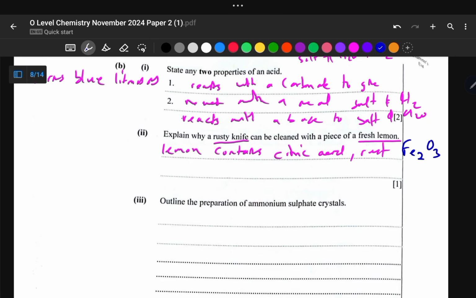This is the chemical formula of rust, to form a soluble iron citrate, thereby removing the stain.